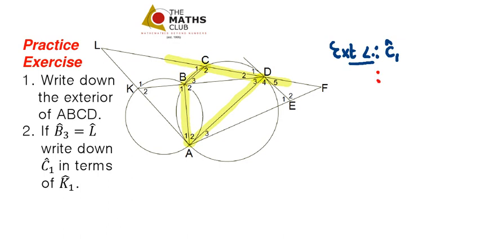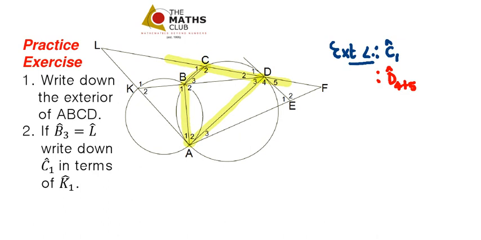Also, I see angle D4 plus 5 being an exterior angle as a result of extending the side CD as it is a straight line. So these are the two angles that I've seen because that's the only side that is extended.